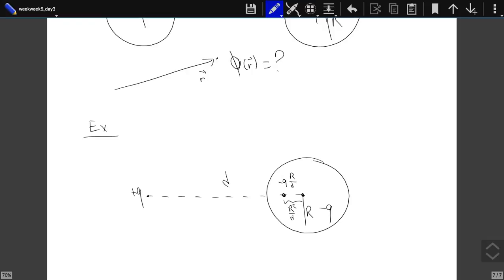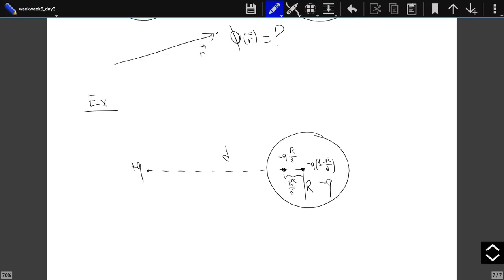And then the total charge is not minus q r over d, the total charge is minus q, so we have to put at the center another charge, minus q times 1 minus r over d. And then we check if it satisfies our equation.